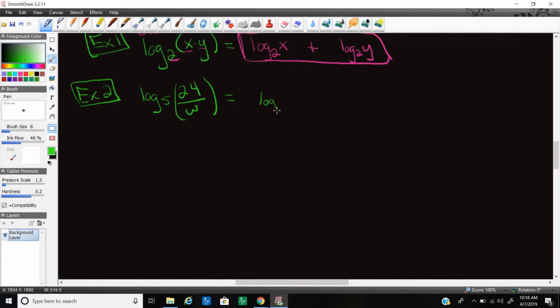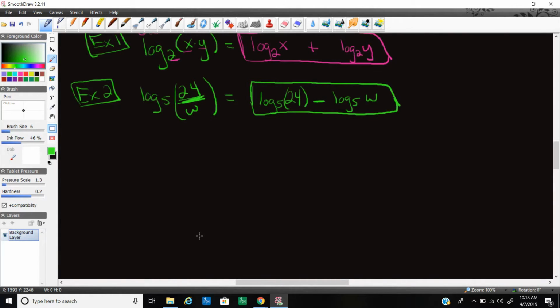So let's go ahead and do two logs with the same base, base 5. And then we're going to put each term. So the first one is 24. And I'll go ahead and put this one in parentheses, why not? Just so you know, the parentheses are not absolutely necessary for these. Usually you want to put them when you have more than one term, but it doesn't hurt either way. Okay. The second one is w, and this division is now going to be a minus. That's it.